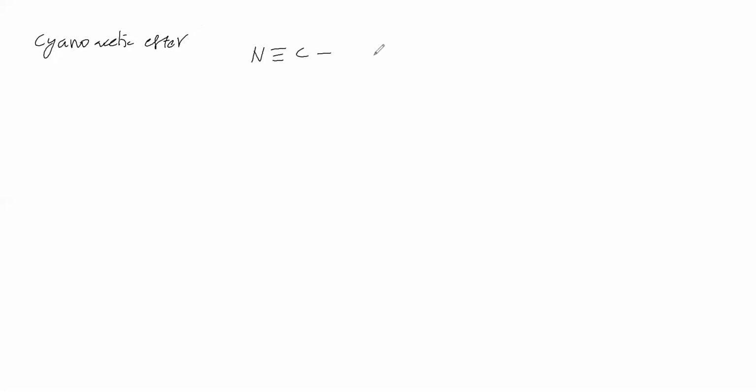NC acetic ester, cyanoacetic ester. Here this methylene group has an electron withdrawing group on one side and another electron withdrawing group on the other side, therefore an active methylene group is present here.